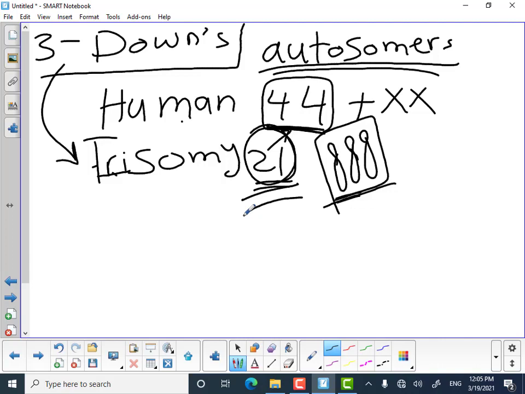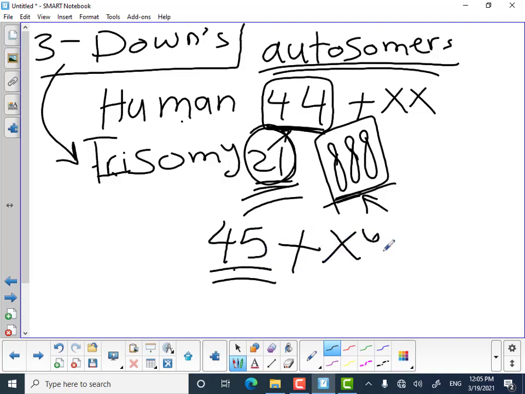For that, the Down patient carries how many chromosomes? 45 autosomes, and normal XY or XX if this baby is male or female.